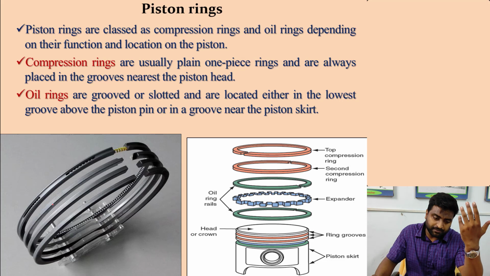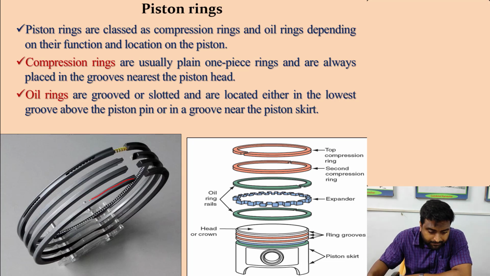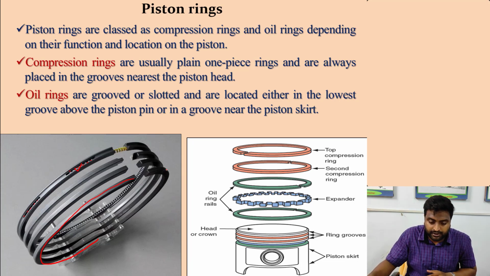How do you recognize a compression ring? You can see in the drawing that the compression ring is a plain ring, with no slots given, but in the oil ring some slots are given in between. From here you can recognize that this is the compression ring and this is the oil ring.